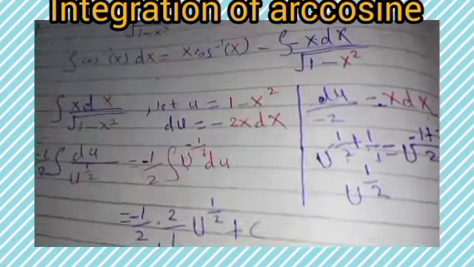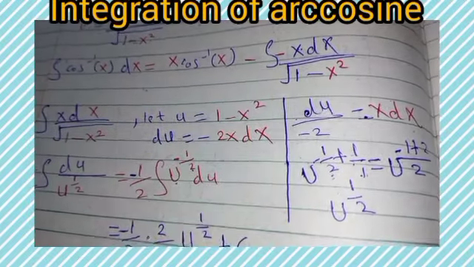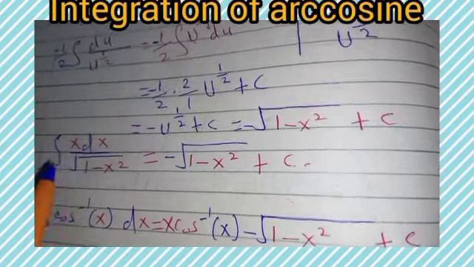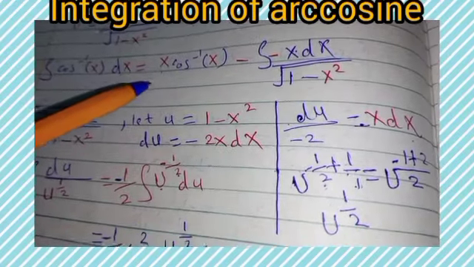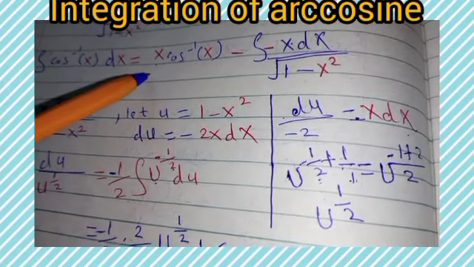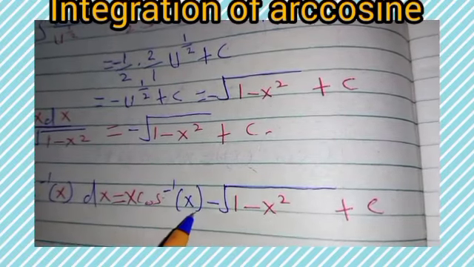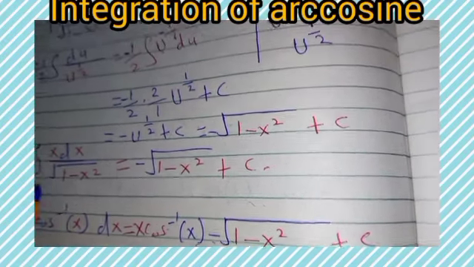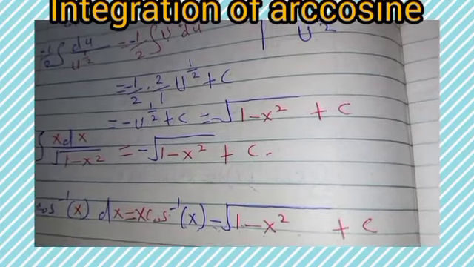Now remember, our objective was to integrate cos inverse of x. So this is the part we have found. The final result will combine this part and the other part. So the integral of cos inverse of x dx will be given by x cos inverse of x minus square root of 1 minus x squared plus constant c.